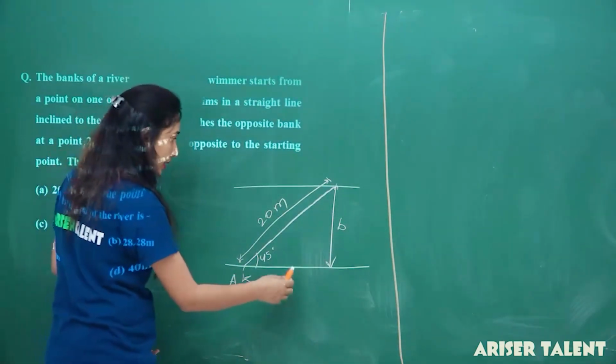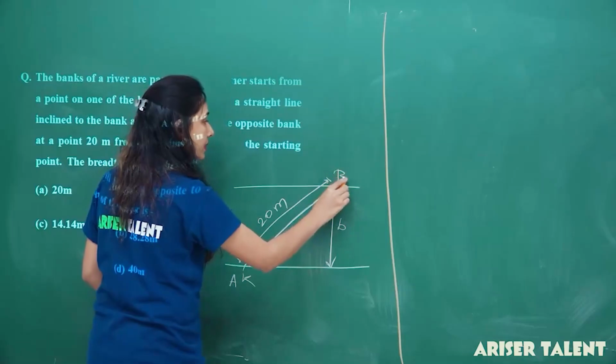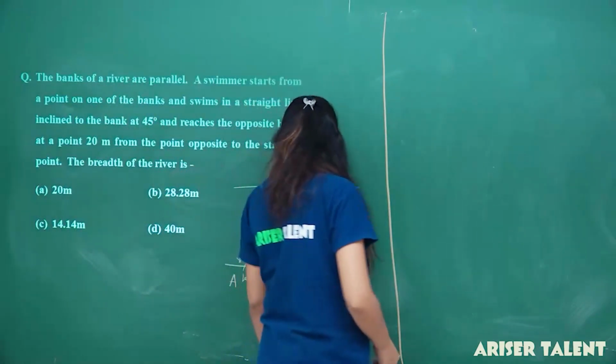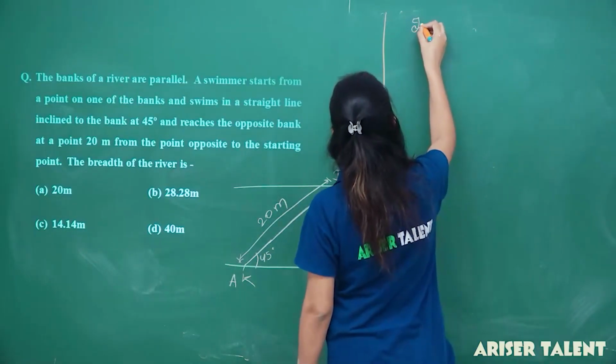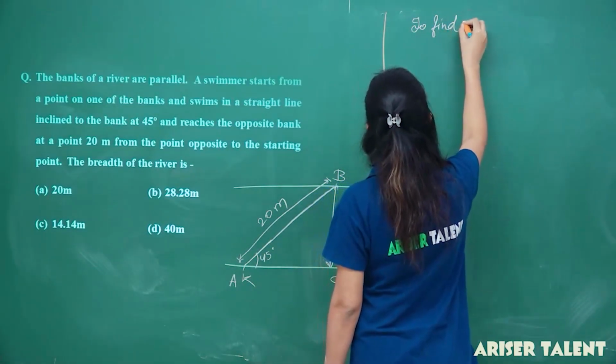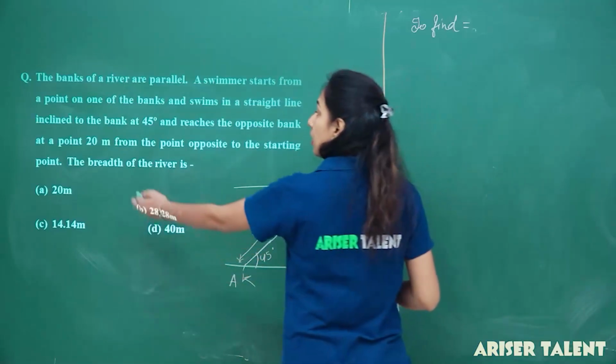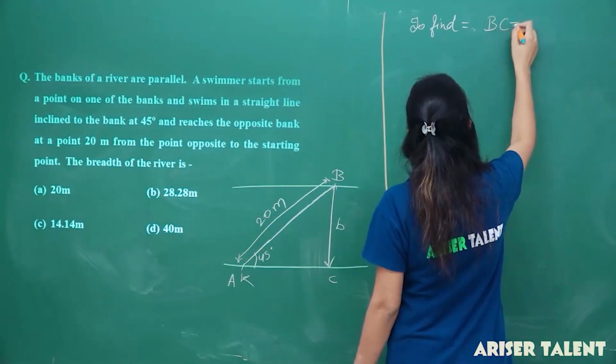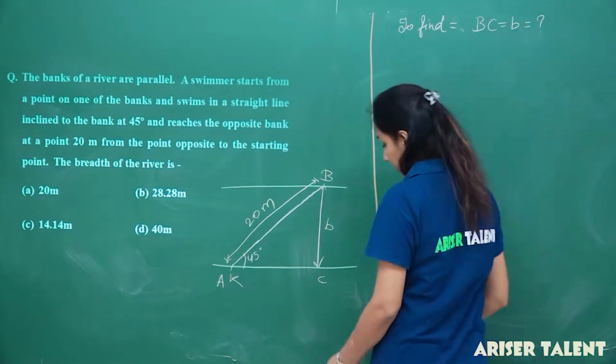Now, let's call this point A, and this B and C. Okay, students, now start working. We have to find the breadth of the river. So, we have to find BC, or b equals to what?